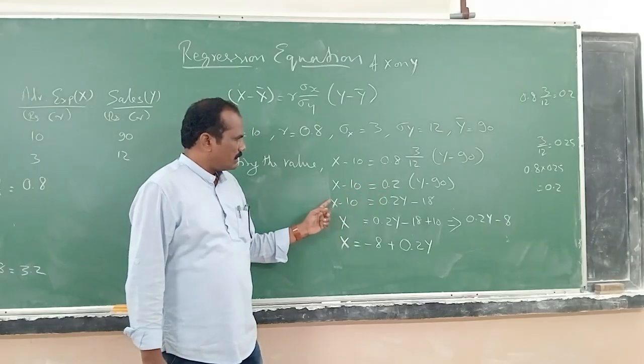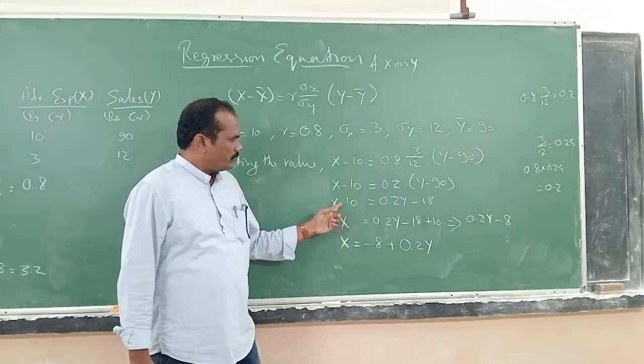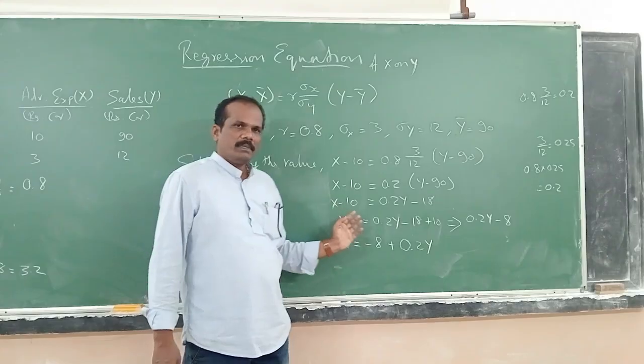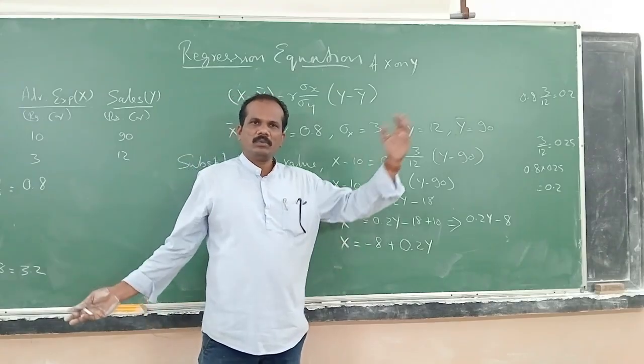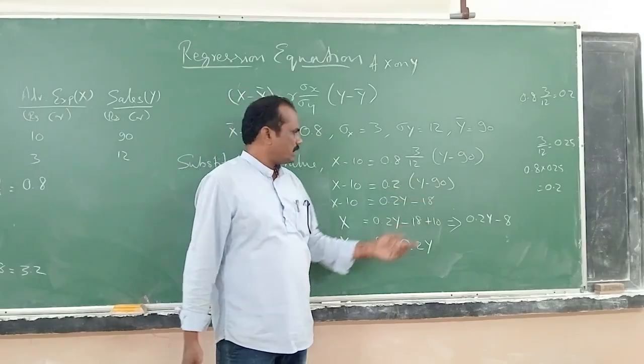We have x, I am bringing this x down. When we have minus 10 and I take it from right hand side to left hand side, this minus 10 will become plus 10, right?